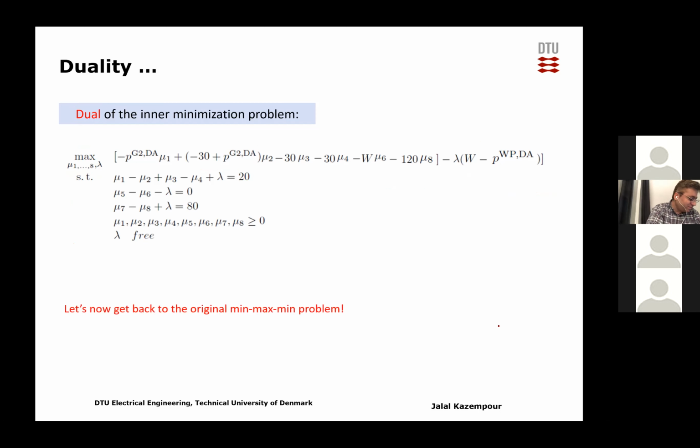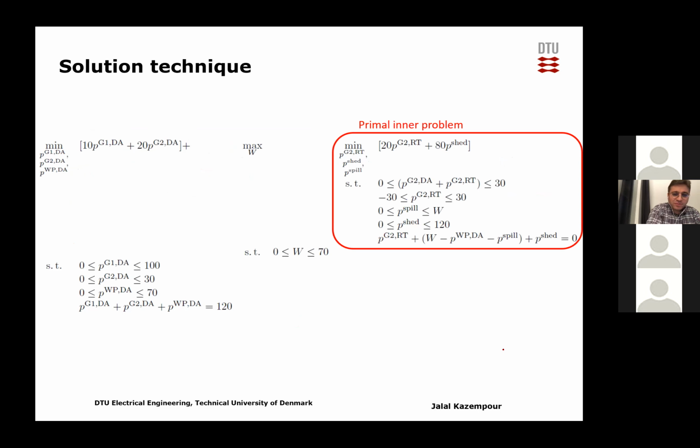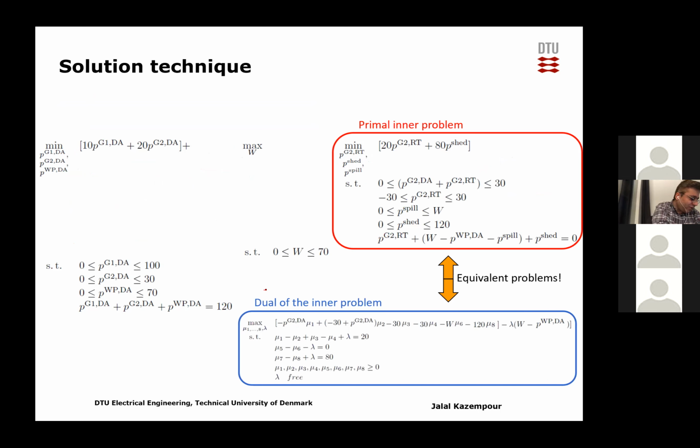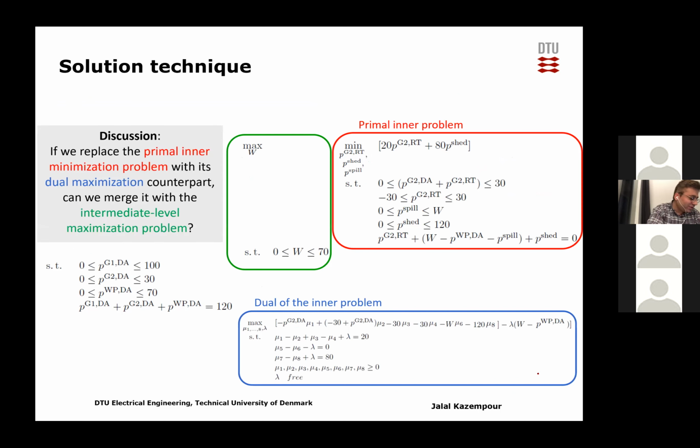So what can we do? Let's get back to our min-max problem. So it was our primal problem. Now we have the dual problem. So the red box is our original inner problem, and the blue one is its dual counterpart, right? And they are equivalent if Slater conditions hold.